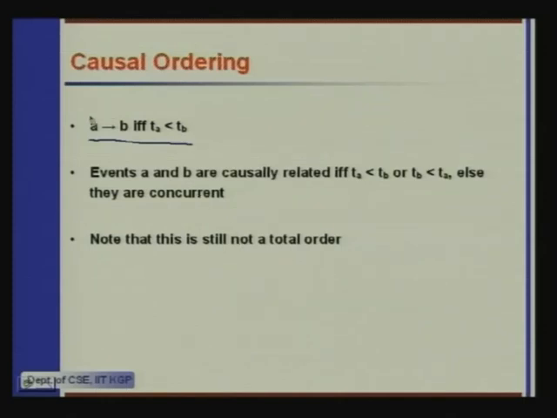Now, how are you convinced about this statement, that if Ta is less than Tb, then A happened before B?